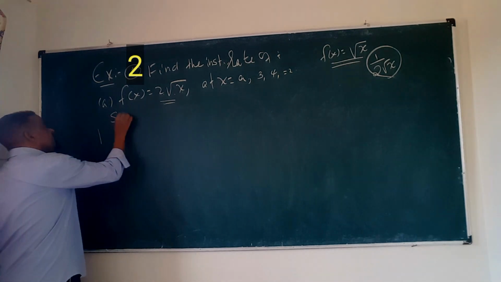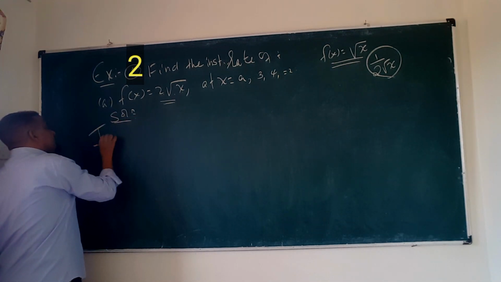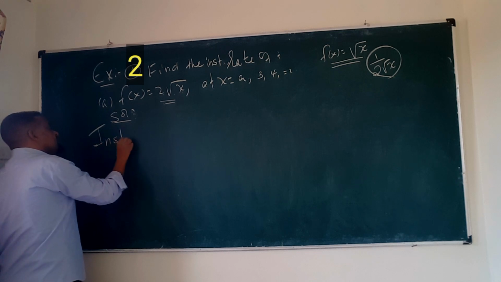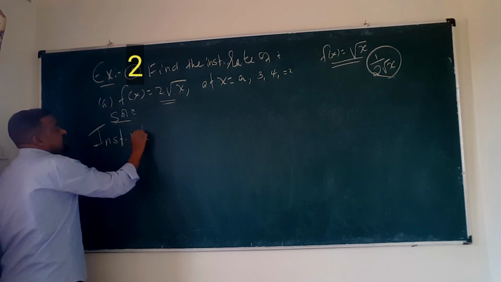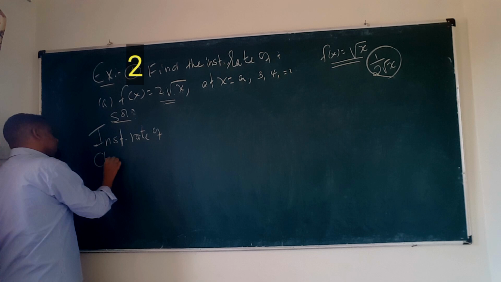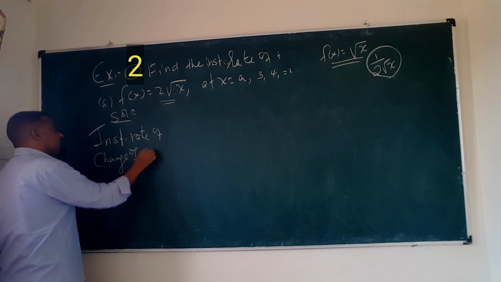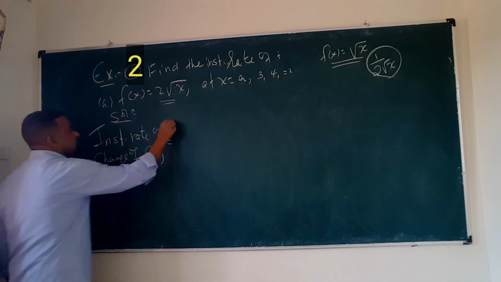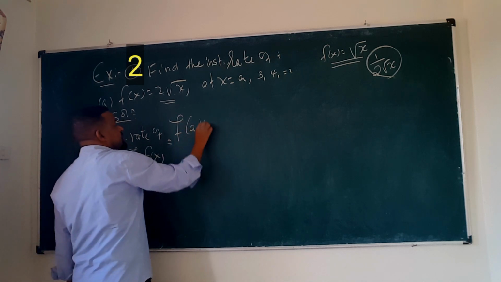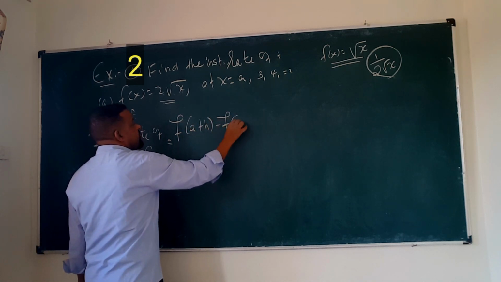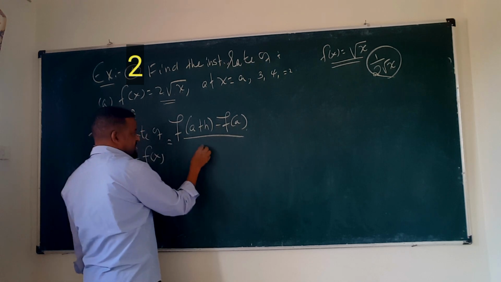So the solution is here, look. The instantaneous rate of change of the function f of x is given by what? Which is f of a plus h minus f of a over what? h.